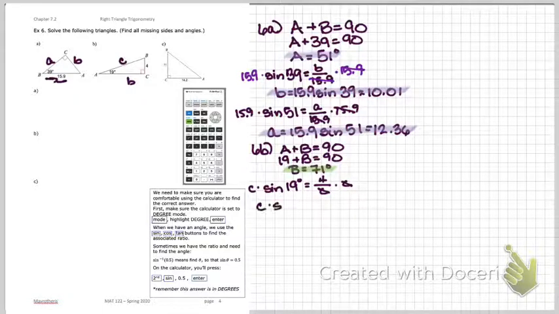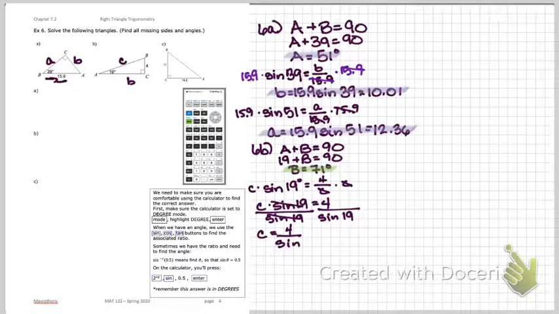I get c times the sine of 19 equals 4. I need to solve for c, so I need to divide by the sine of 19 on both sides. It looks a little funky, but sine of 19 is just a number. I get c equals 4 over the sine of 19. When we take that to two places, we get 12.29. And so there is our hypotenuse.